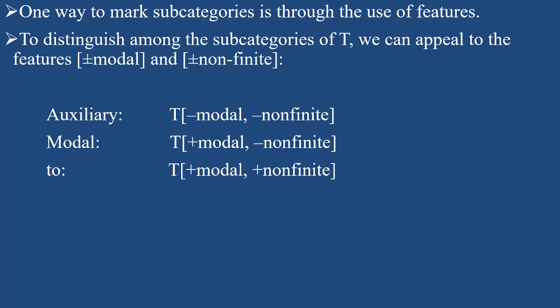A modal is a tense, of course, and it is plus modal, minus non-finite. To, for example, is minus modal, plus non-finite. This is how we distinguish these subcategories using the plus/minus features.